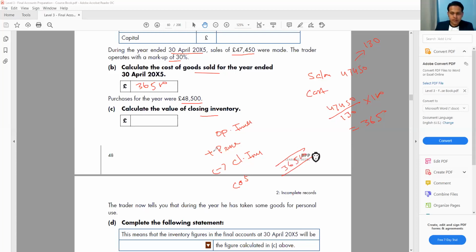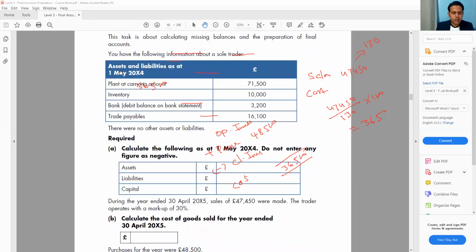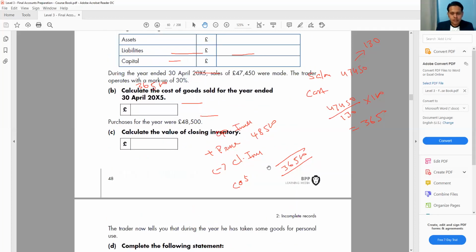Then we have the purchases, we already know the purchases. The question said 48,500. So we don't know the closing inventory. The opening inventory is given in the question. Let's have a look. How much is the opening inventory? They said asset and liability as at 1st May. So at the beginning of the period, opening inventory is 10,000. That's fine.